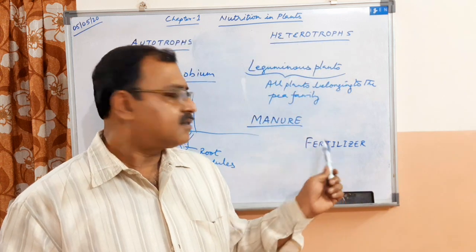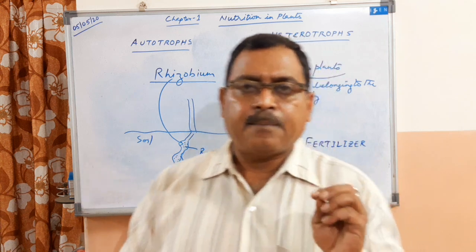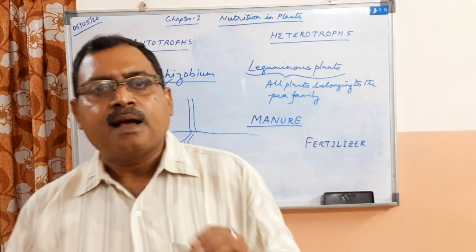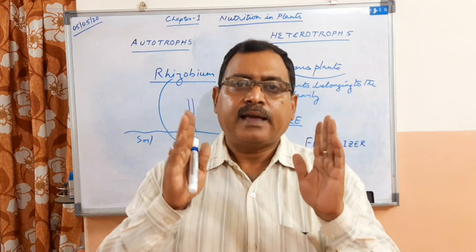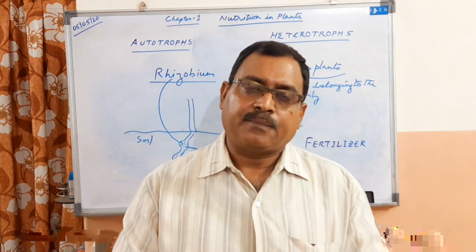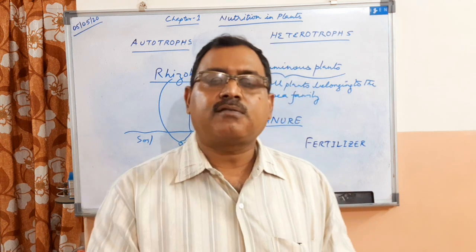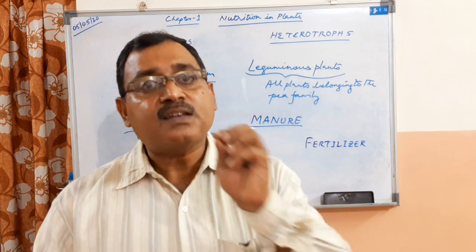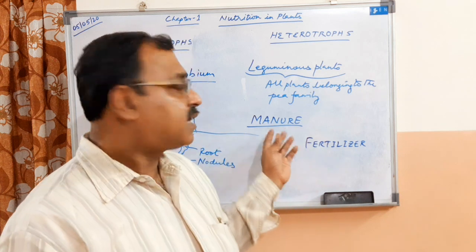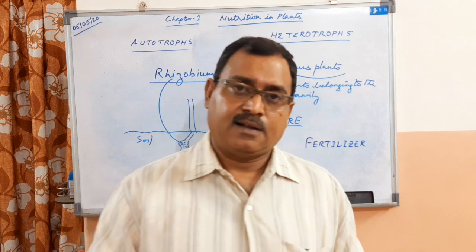Now, fertilizers are nutrient specific, means they help in providing a specific type of element to the soil so that the plants can absorb that element. It can be potassium, it can be phosphorus, it can be nitrogen, anything. So these are specific, but manures do not provide any specific element to the soil.